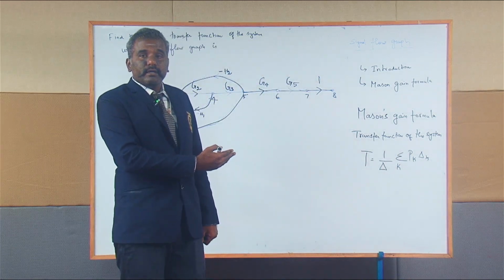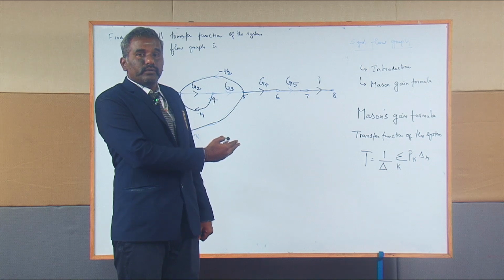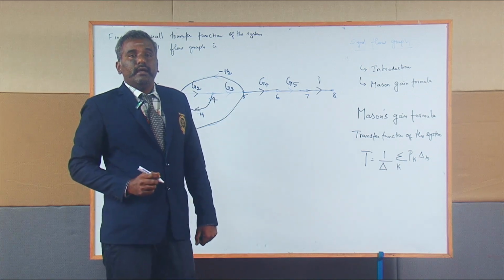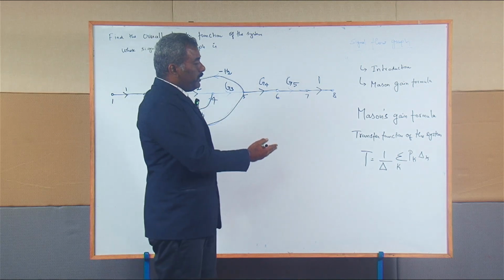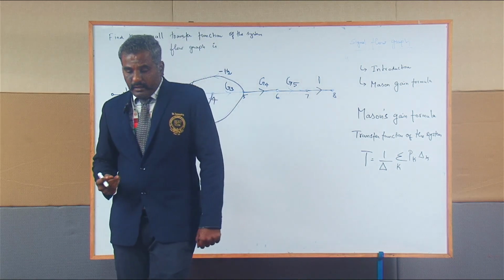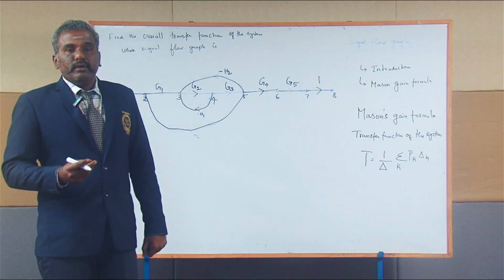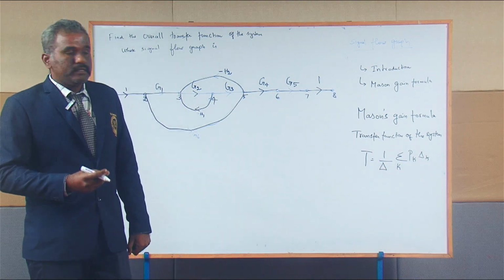The overall transfer function can be concluded through this Mason gain formula, and it can be represented graphically from the signal flow of the system.